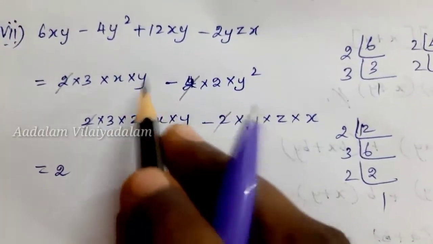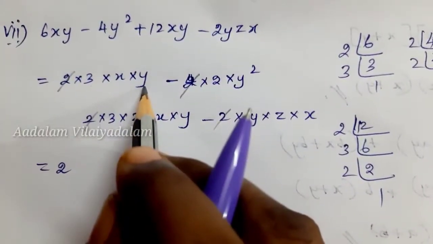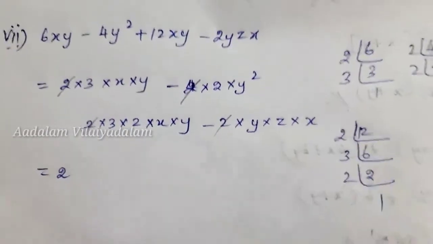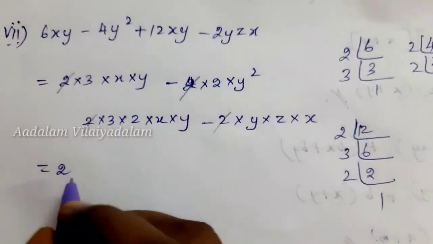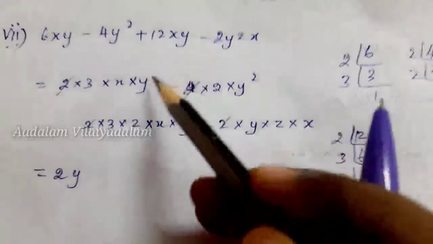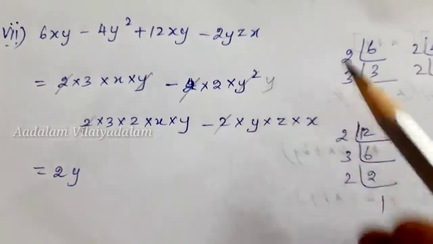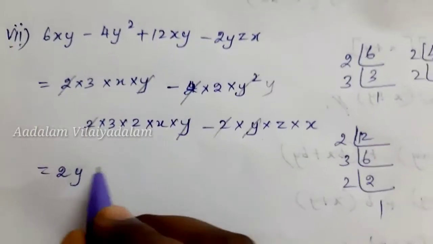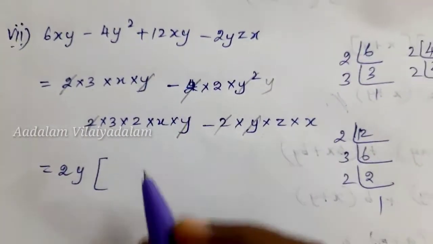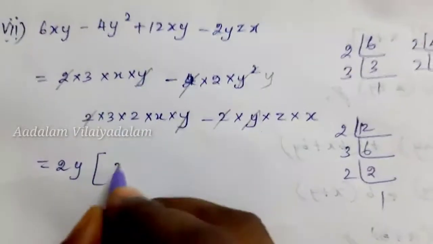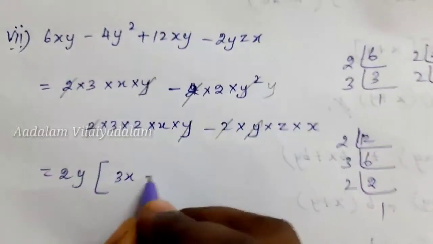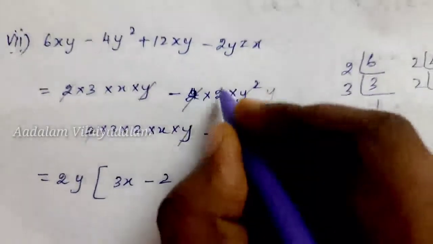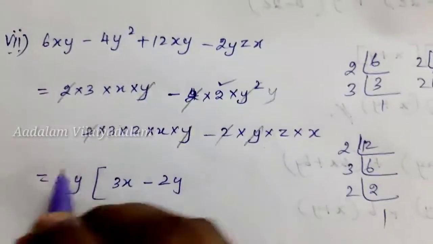Go for the y. So y exists here, and y is also here, y square, y, and there is also y. So let's take the y as a common. Then if we take it out, only one y is cancelled in each term. Then let's write the remaining factors, that is 3x minus 2y.